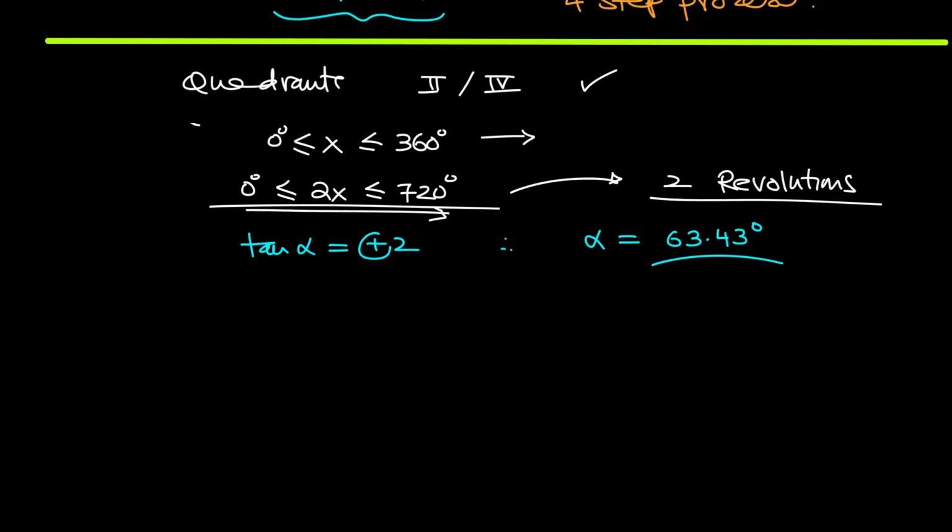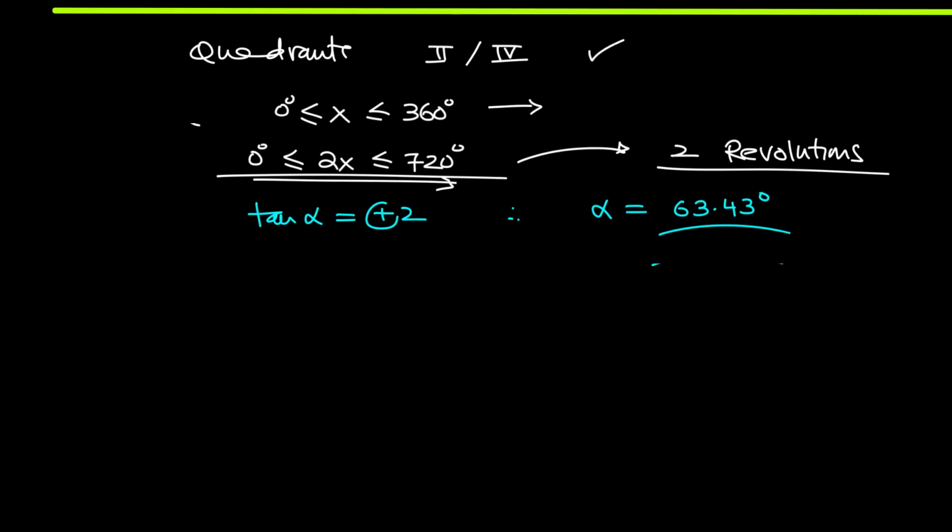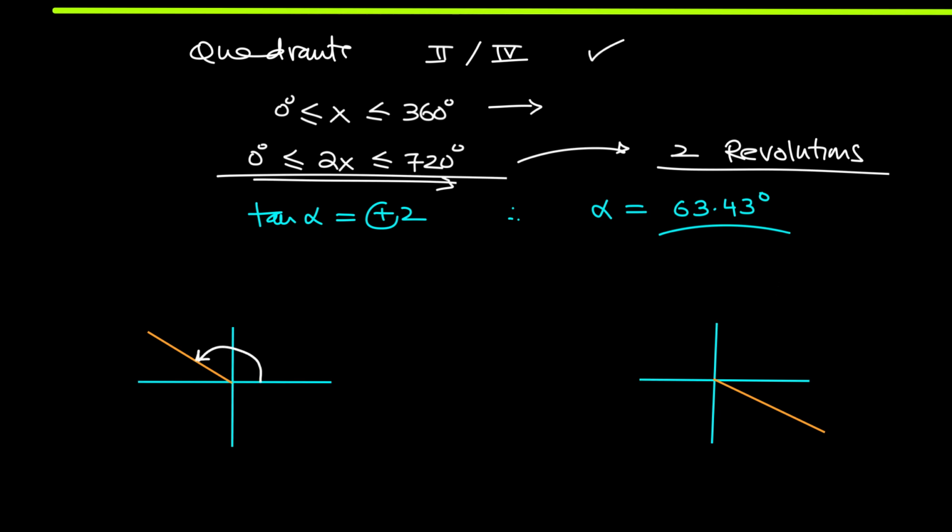Now, some more steps are there. The first thing we do is draw a small sketch. So, I am drawing 2 grids, one for the second quadrant and one for the fourth quadrant. Now, let's look at this value. This value is 180 degrees minus the basic angle, which is 180 minus 63.43 degrees.